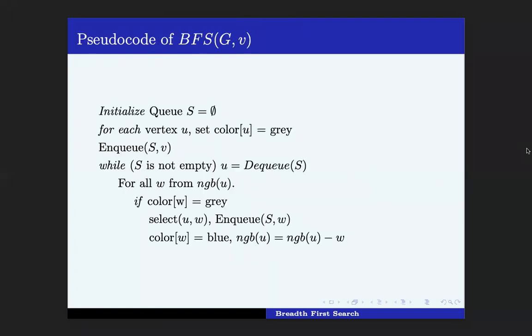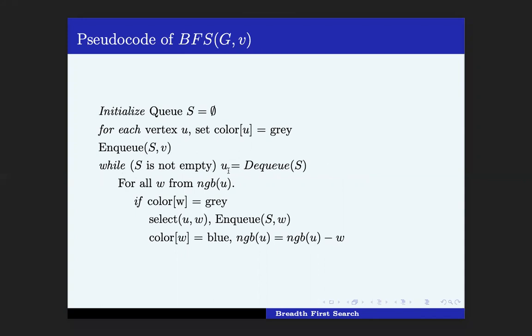And here is the algorithm. You start with an empty queue. Initially all of the vertices are colored gray. I start by putting the starting vertex in the queue, with NQ. And then as long as the queue is not empty, this is what I do.